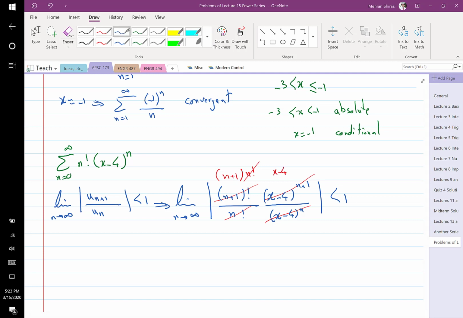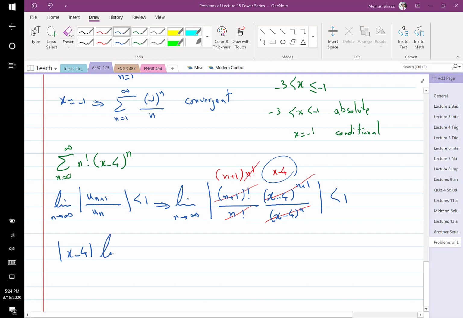So this is an interesting case. Let me write the absolute value first. We have the absolute value of x minus 4, which comes out of the limit.